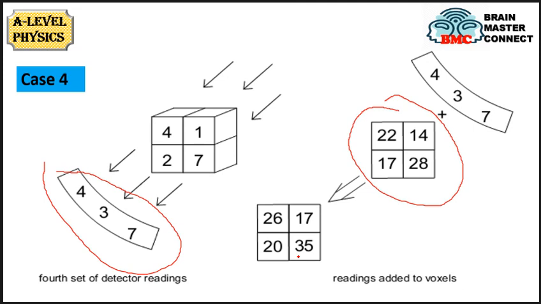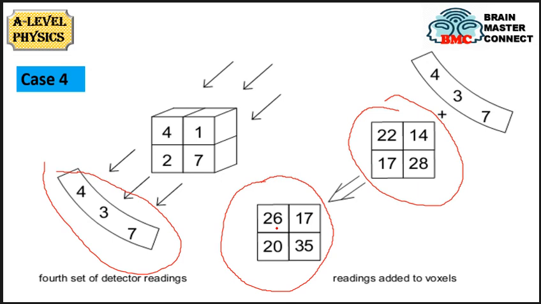Now what I have here is what is referred to as the final pixel of the image formed. Okay, and this can only be obtained after we have got the fourth set of detector readings. That's why it is achievable.